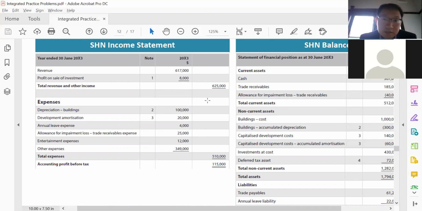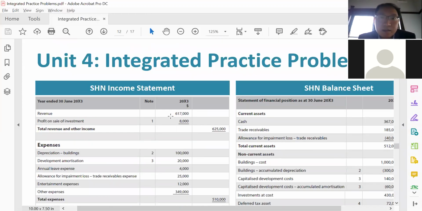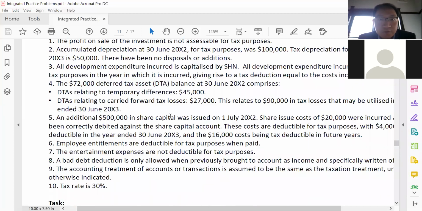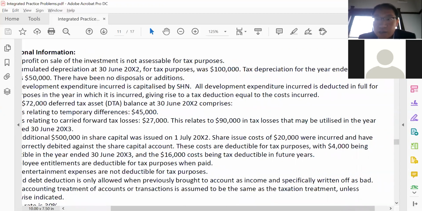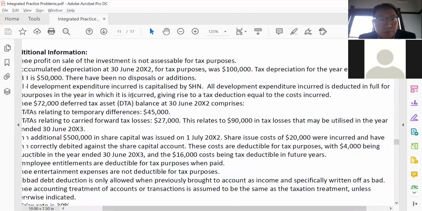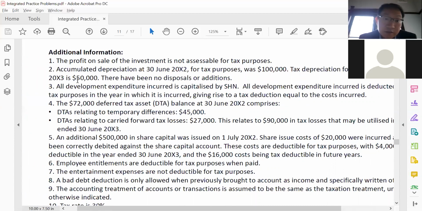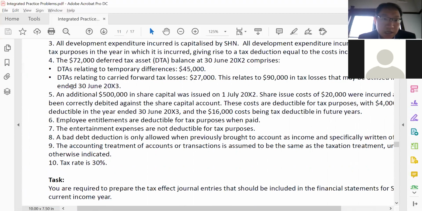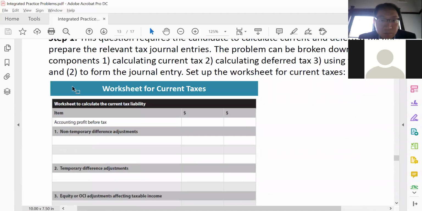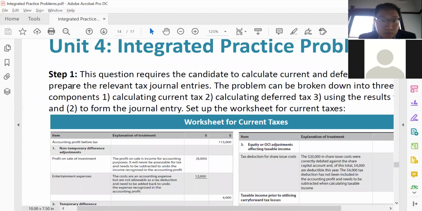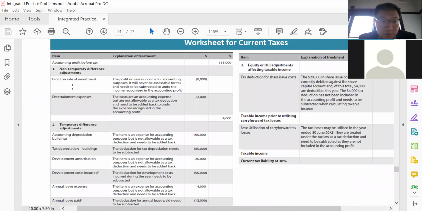Tax depreciation is not going to be on the balance sheet, nor on the income statement. That information came from this additional section, where we are told that the tax depreciation for the year ended 30 June is 50,000. That's how we obtained that piece of information. And then we continue working through these temporary adjustments.